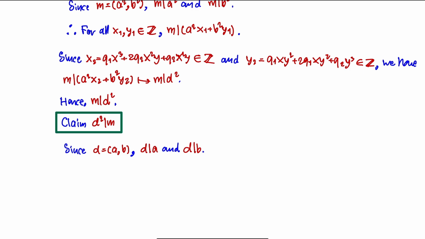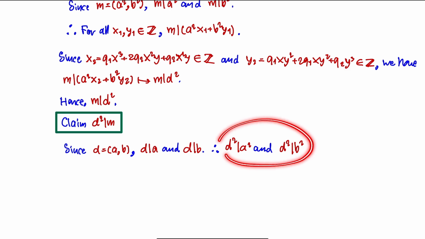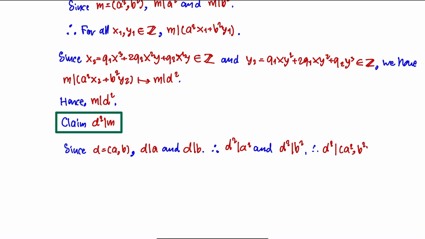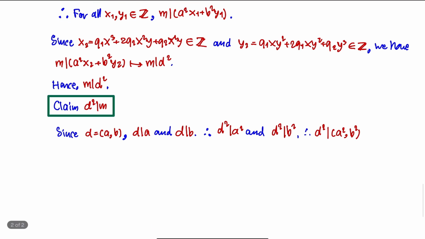Then what happens next? Then we've got d squared divides b squared and d squared divides a squared. Okay, let me switch this position here. Now we have d squared divides a squared and d squared divides b squared. This implies that d squared divides the greatest common divisor of a squared and b squared.